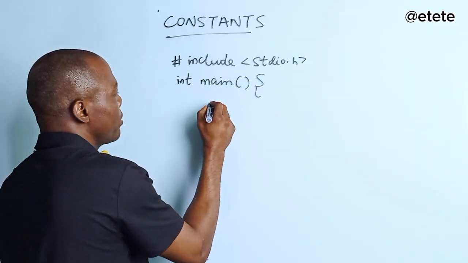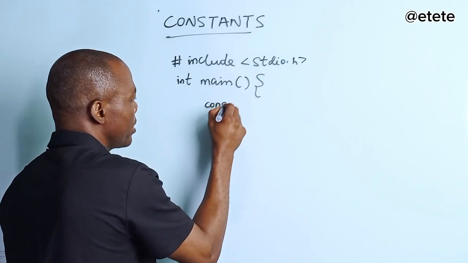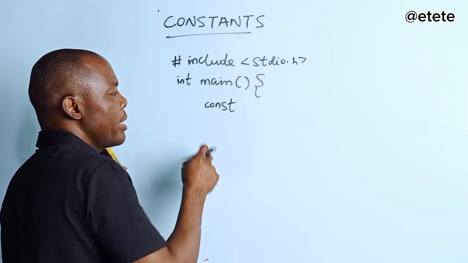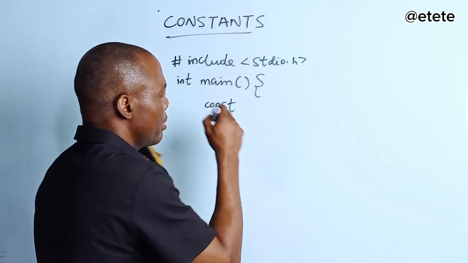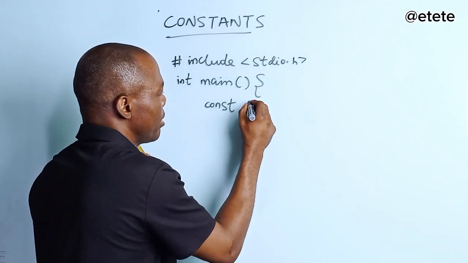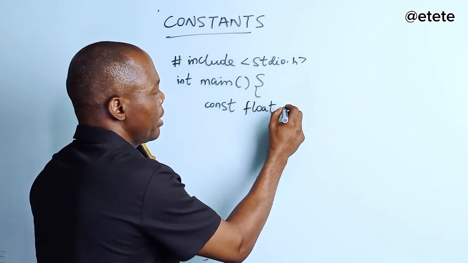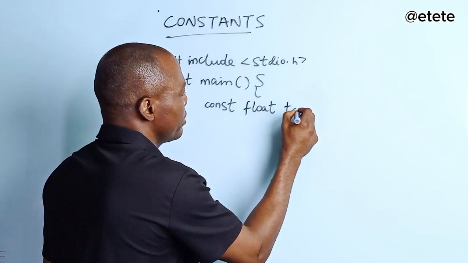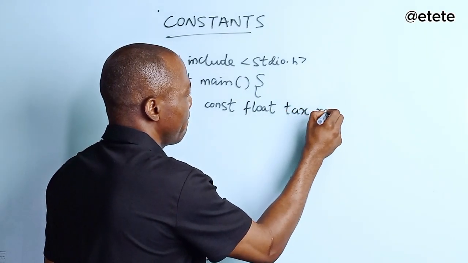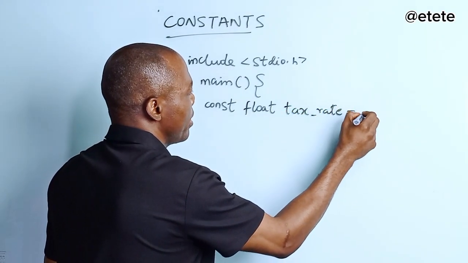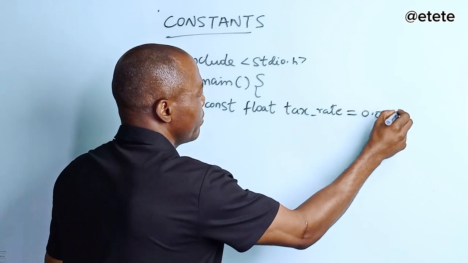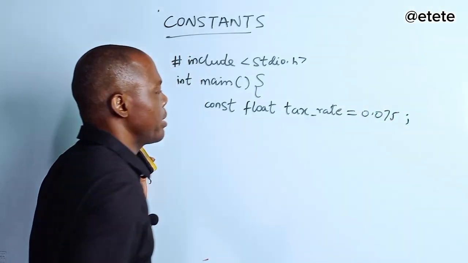Then I will come here and I will use the constant keyword, const. Then I will declare a data type, that same program that I have written. So I will say float tax_rate, and I will assign 0.075 to it. Then I will close my statement.